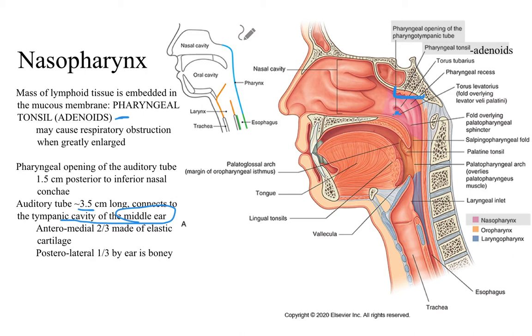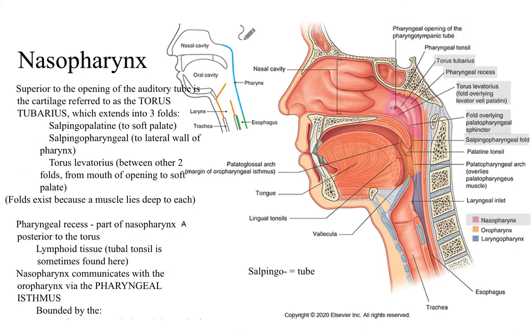And the anteromedial 2/3, which is connected to the nasopharynx, is made up of elastic cartilage, so that means it's highly stretchable. And then the posterior 1/3 is made up of bone, so it's within the bony labyrinths of the middle ear. This pharyngotympanic tube is also known more commonly as the eustachian tube.